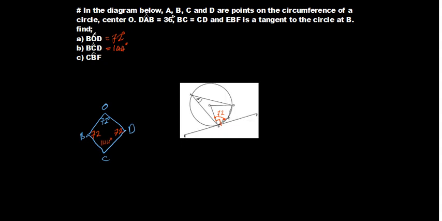I'll name this as my X. So we just have to say 90 degrees, which we have just observed here, minus the 72. It will give us the angle X, which is the angle we are looking for. 72 from 90, we're going to get 18 degrees.